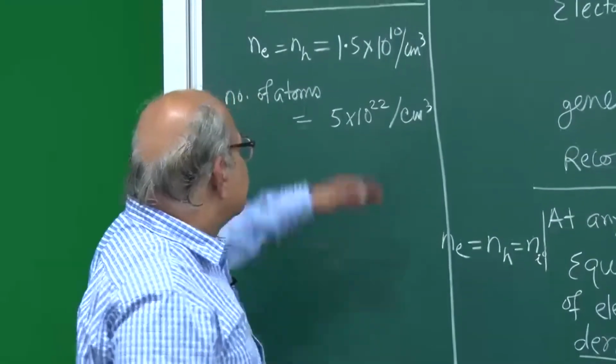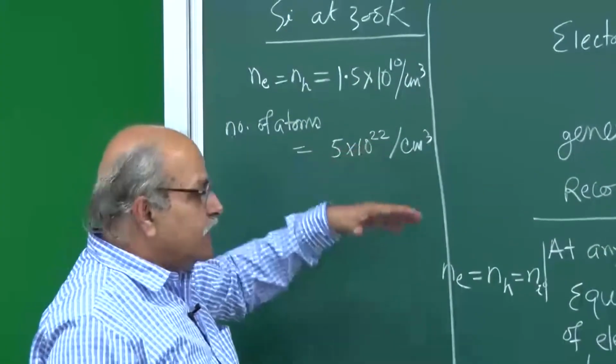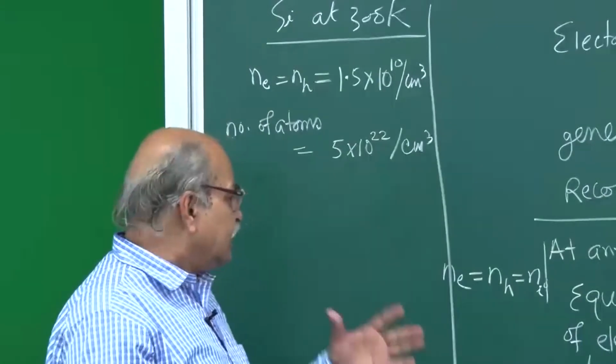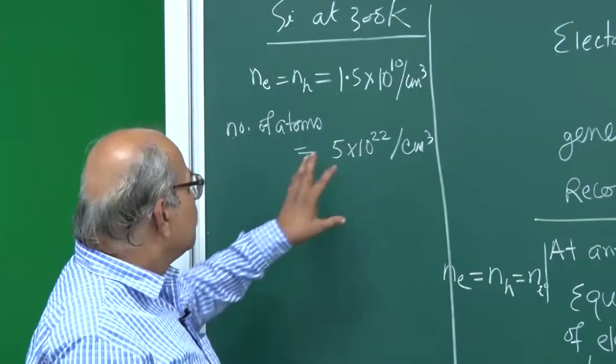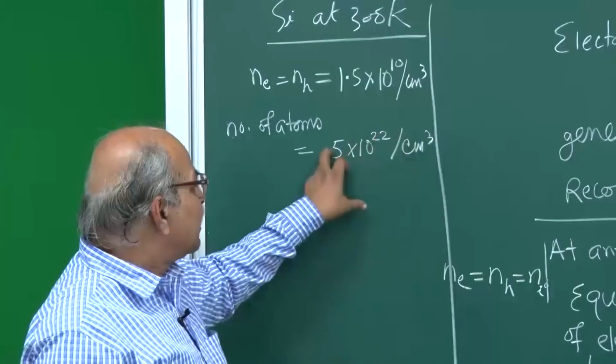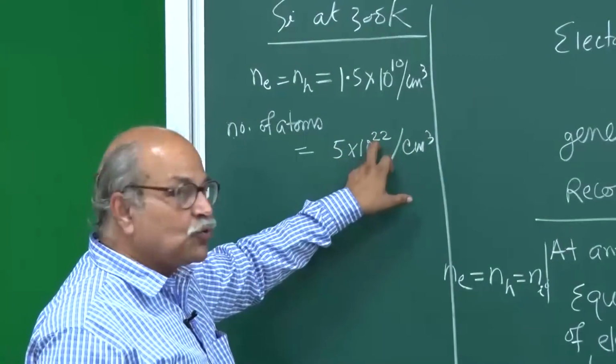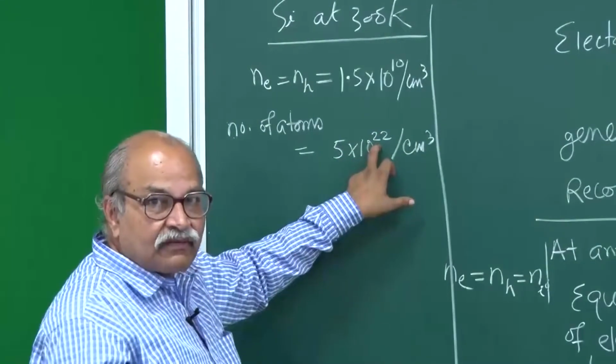So you can see the ratio: in any silicon crystal, per centimeter cube you have 5 into 10 to the power 22 atoms, right?